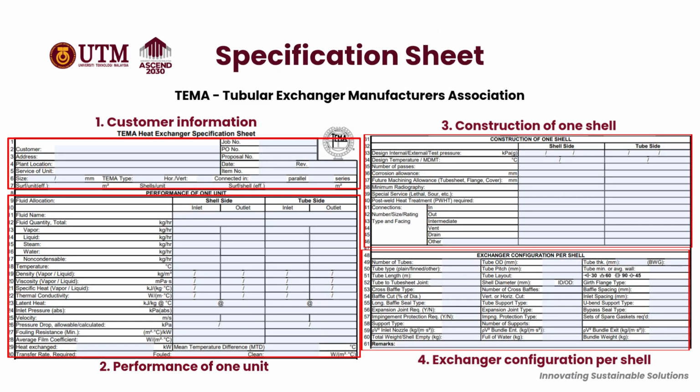Lastly, for the specification sheet, the TEMA specification sheet will be used. It is a standardized document used to define the thermal and mechanical design requirements of a shell and tube heat exchanger.